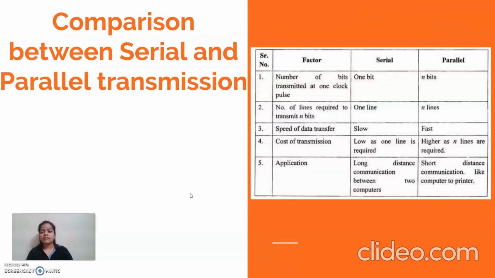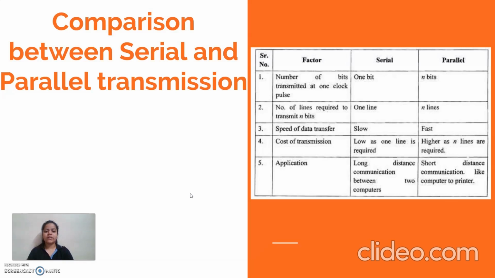Last, the comparison between serial and parallel transmission. In serial transmission, the number of bits transmitted at one clock is 1 bit, whereas in parallel transmission it is n bits. Therefore, the number of lines required to transmit n bits is 1 line in serial, whereas in parallel it is n lines.